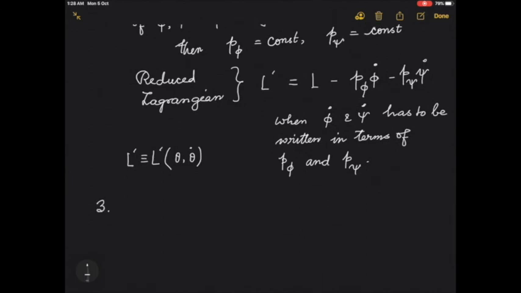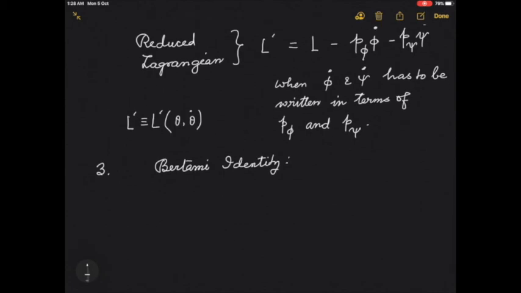And then the third thing that I would like you to remember is that we have introduced Bartholomew identity, which essentially told you that because the Lagrangian is not time dependent, I can define a constant of motion which, as I said, will eventually turn out to be energy.